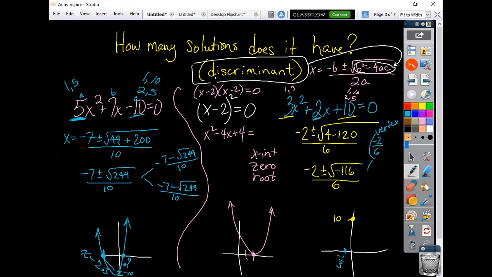So I know my x is negative 1/3 on the vertex. And then do you remember, you substitute that into the original problem to find the y that goes with it.